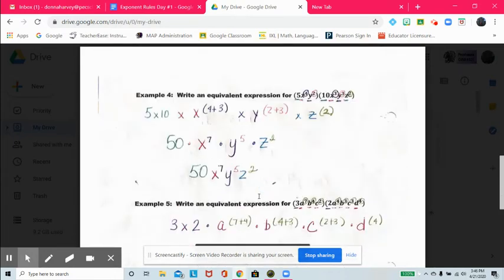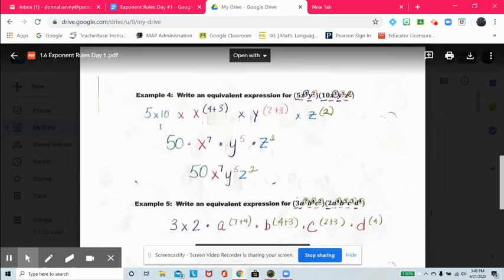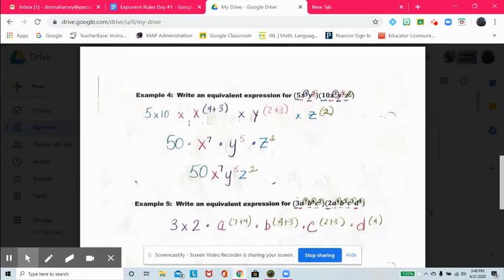All right, let's do a couple more examples. I have 3 more for you. Let's do this one. We're going to do 5 times 10, and then we're going to look at our x's. Our exponents are 4 plus 3. Then we're going to look at our y's. Our exponents are 2 plus 3. And then we're going to look at our z.